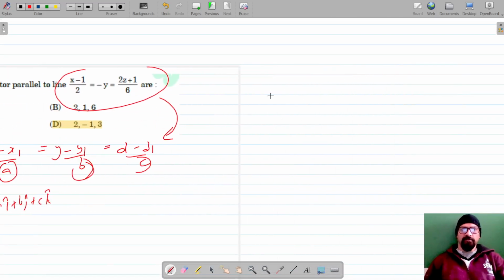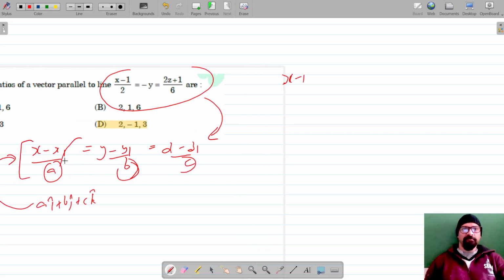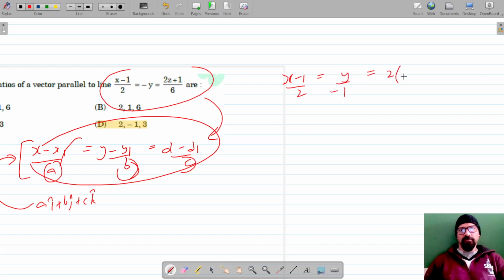So our equation is x minus 1 by 2. We write this in the standard form x minus x1. So y I can write as y upon negative 1, and in 2z I can take 2 common, so this is z plus 1 by 2 over 6, so this is 3.